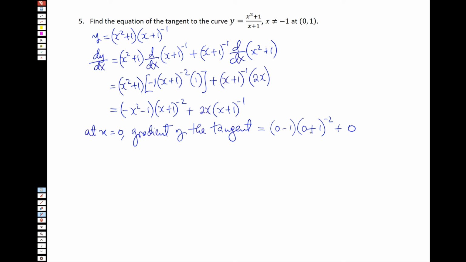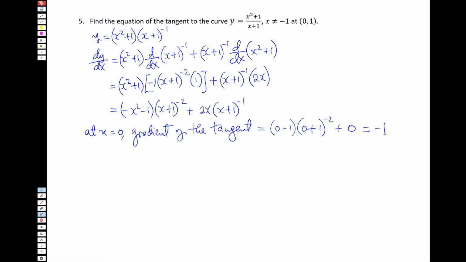So basically, this is negative 1 over 1 squared, which is just negative 1. So the gradient of the tangent at x equals 0 is negative 1.